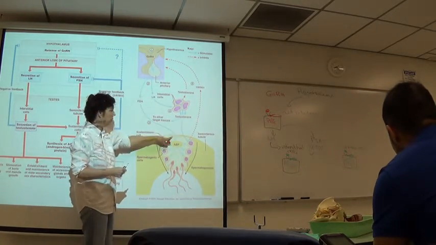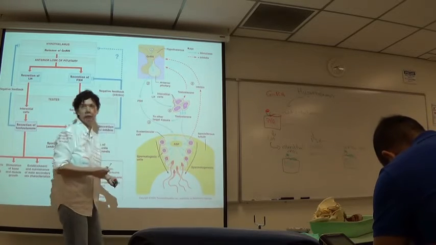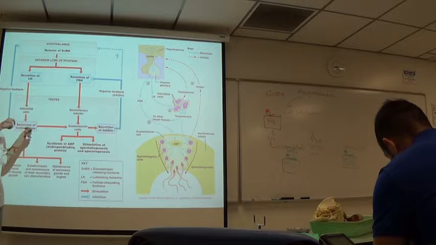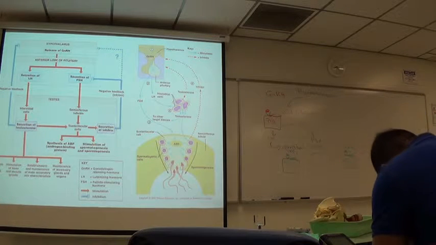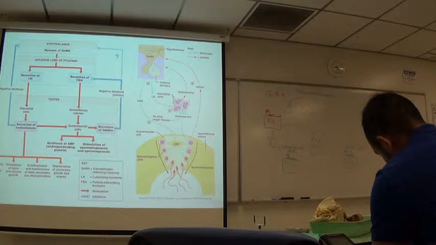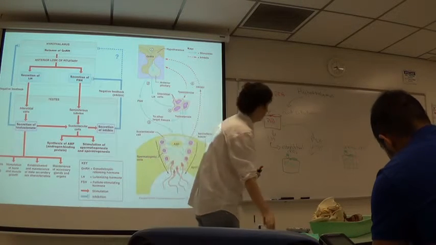And FSH will do the same thing, binding to the Sertoli cells. So it's shown here, it's just not showing the pictures. So the interstitial cells, under the influence of the protein kinases activated by cyclic AMP, are going to release testosterone.